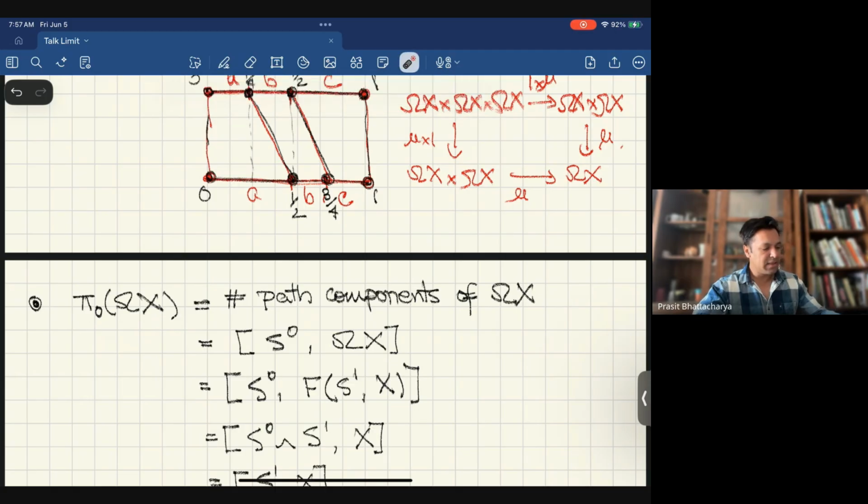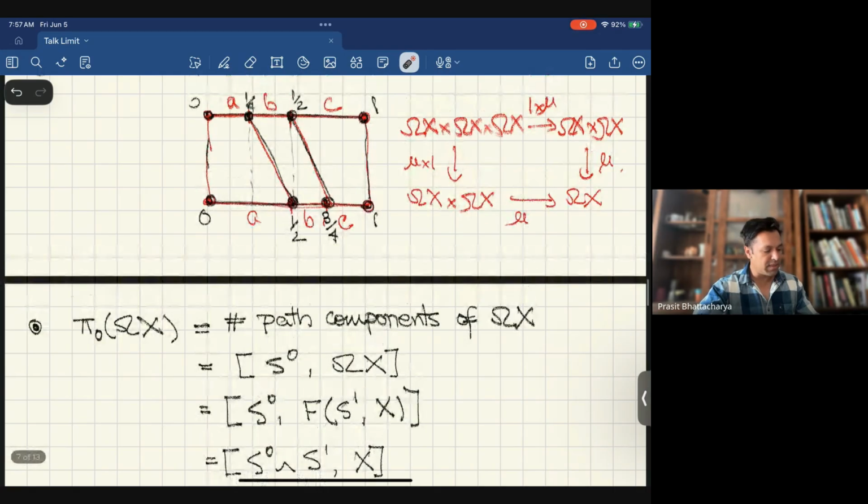So that is, in the best scenario, the set of all maps from S0. S0 is just 2 points. S0 is the boundary of one disk, being the unit interval. It is the set of homotopy classes of maps from S0 into loop of X. Basically, S0 is 2 points, and you have loop of X, which is a space.